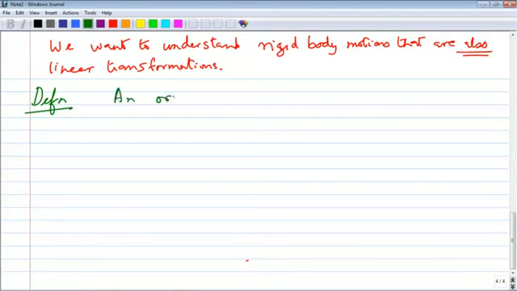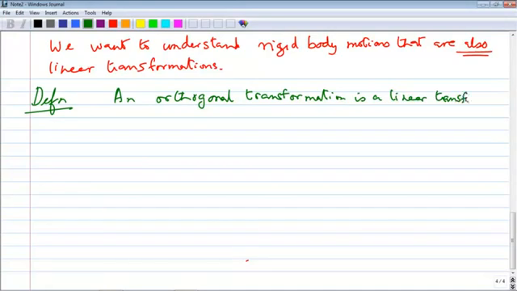An orthogonal transformation is a linear transformation that preserves inner products. So that's the definition of orthogonal transformation.